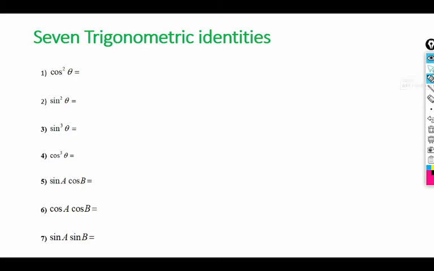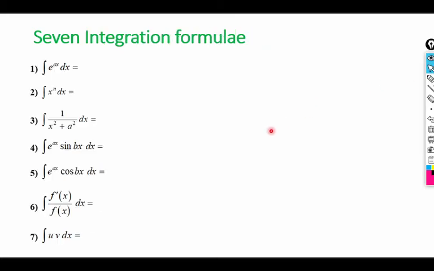Let me move to the second set of formulas, which is from integration. Again there are 7 formulas, and we mainly require these for proving the standard results. The derivation of the standard results is based on these integration formulae, because the definition of Laplace is in integration only.